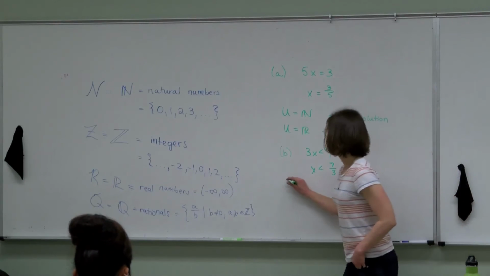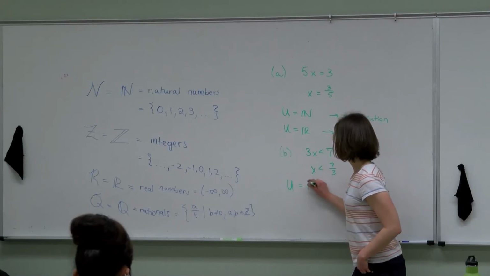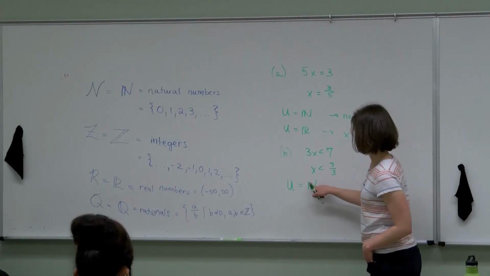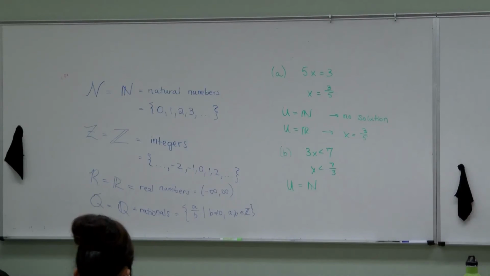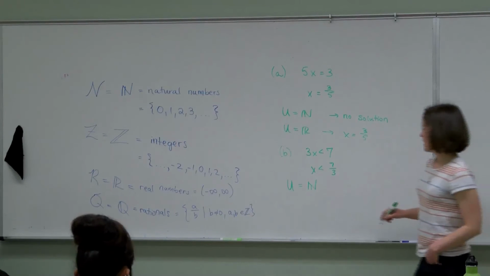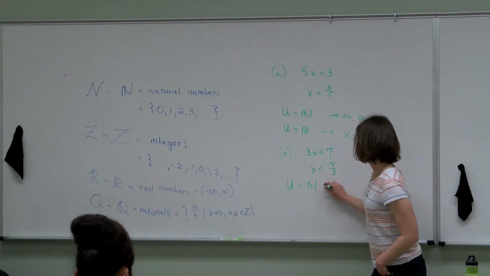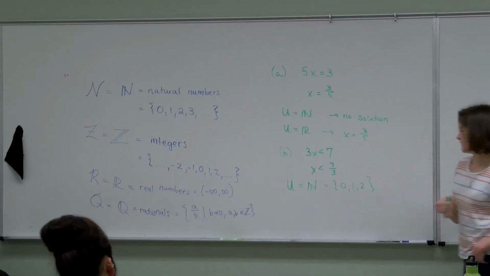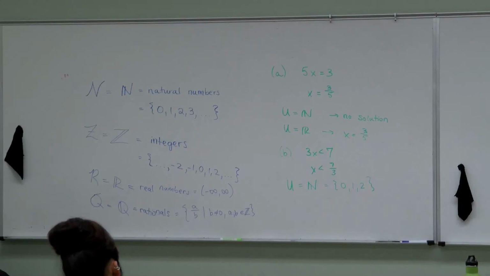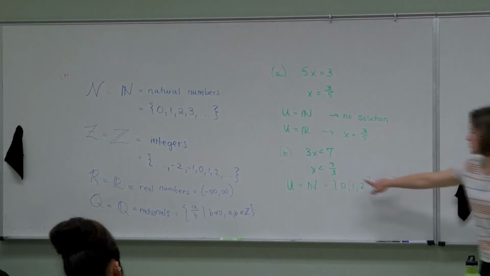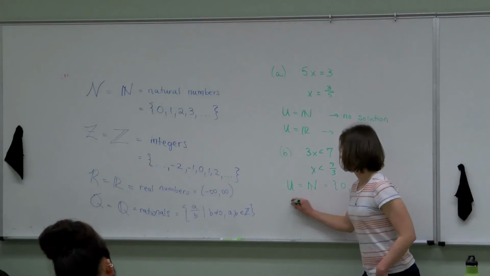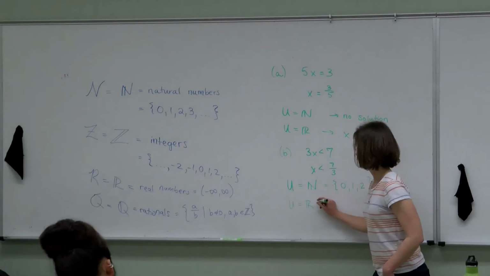And so in our universe of the natural numbers, what does that solution set correspond to? 0, 1, 2. Okay, so it looks like all of the non-negative integers that are less than 7/3 would be 0 and 1 and 2, right? Because this is 2.3 repeating, something like that. And then how about if my universe is the set of all reals?